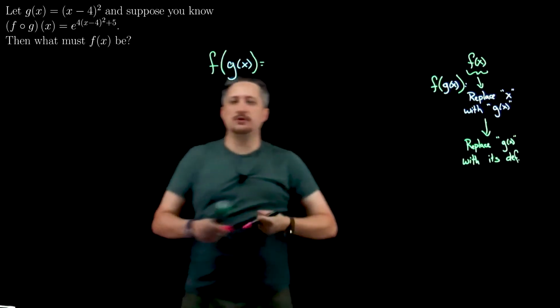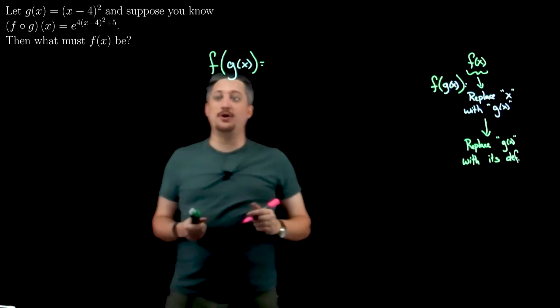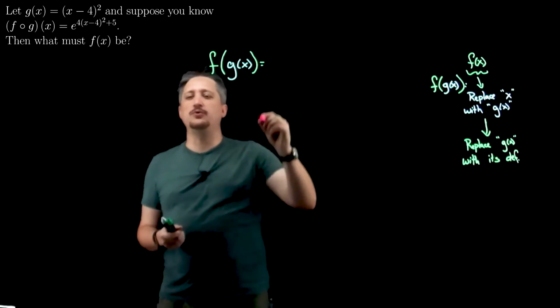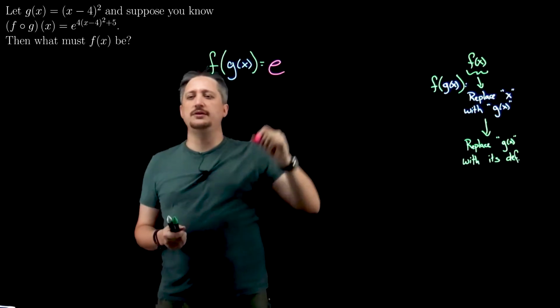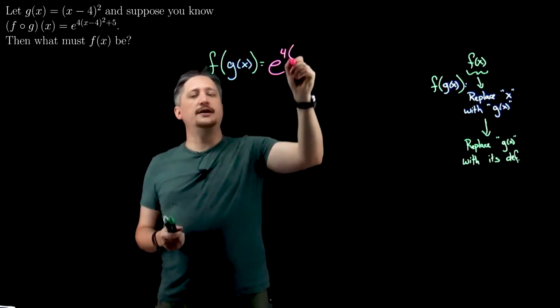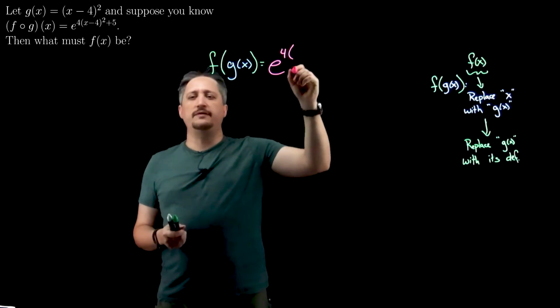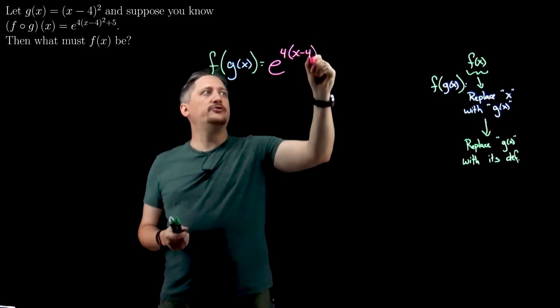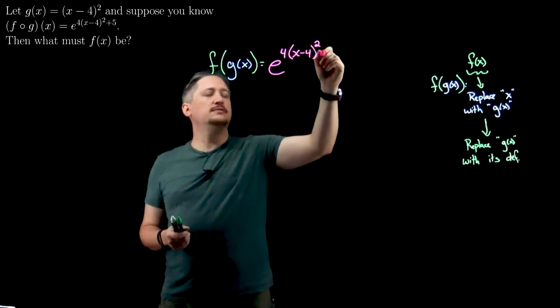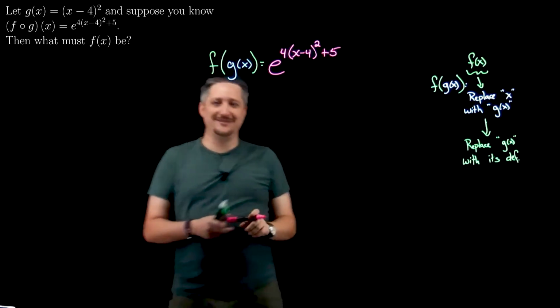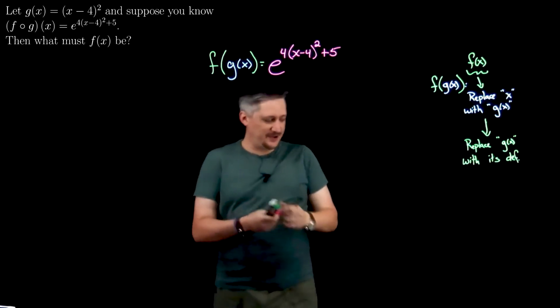I'm going to write it in a different color because we don't know what part is what at this point, which is sort of the point, right? So we have that this thing is e to the 4 times, and then we have x minus 4 squared plus 5. It's kind of hard to see from here whether that's a plus 5 or minus 5, but it looks like a plus 5.